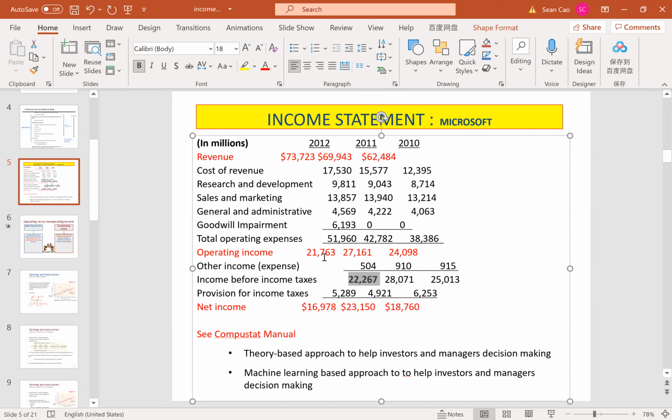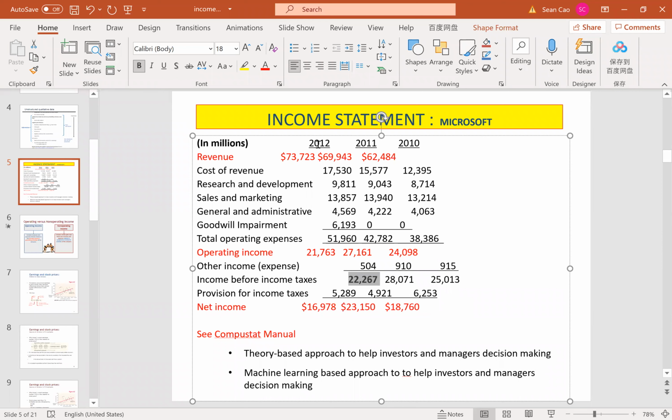You want a high proportion of income from the primary business because this is repeatable and recurring. The primary business income can continue in the future. That's what you want. This is just one example of how you should understand the income statement.